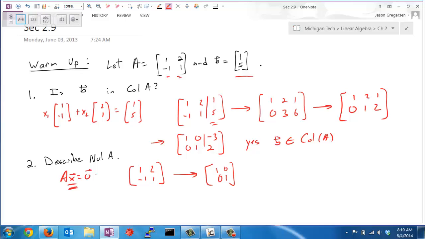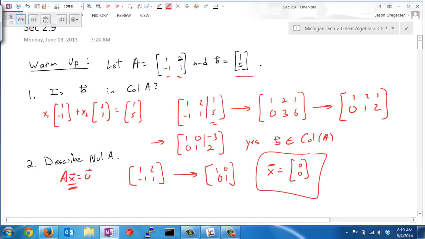What is the solution? The trivial solution. There's always one solution to the homogeneous equation, the trivial solution, the x equals 0, 0 solution. Since this thing row reduces to the identity here, there's only one solution. There are no free variables. So this is the only solution. So this is the null space.